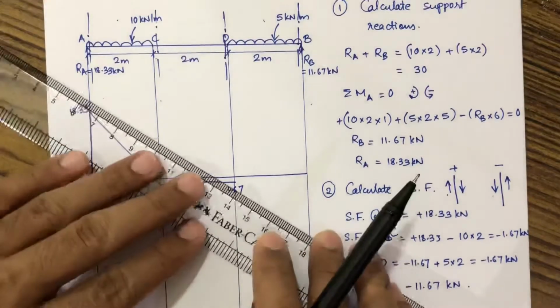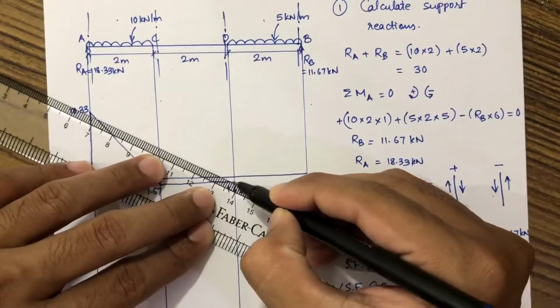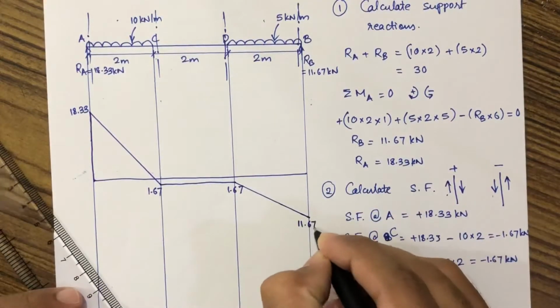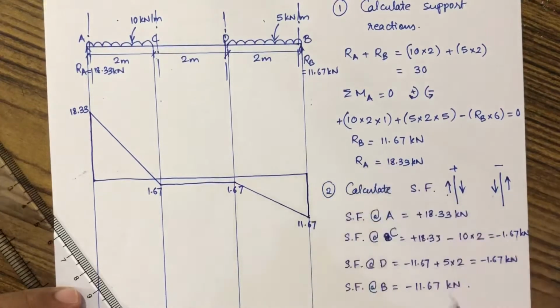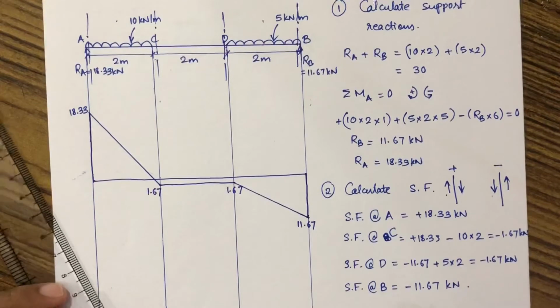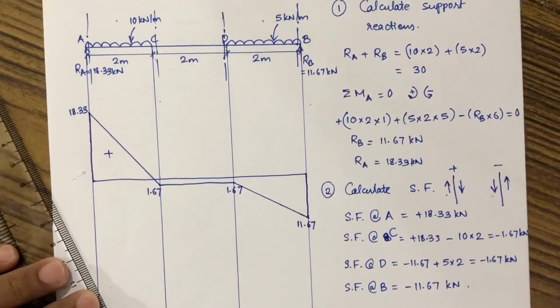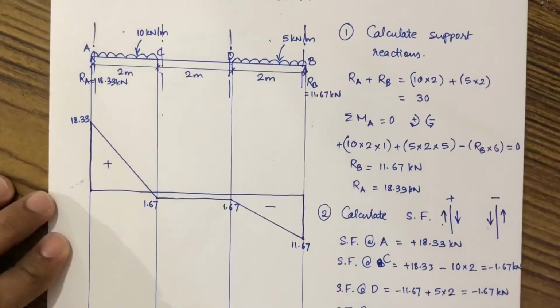So this will go downwards like this till 11.67 kilonewton. And finally this will move upwards like this. Okay, so as it is above the line, these values are plus. As these values are below the line, these are minus.